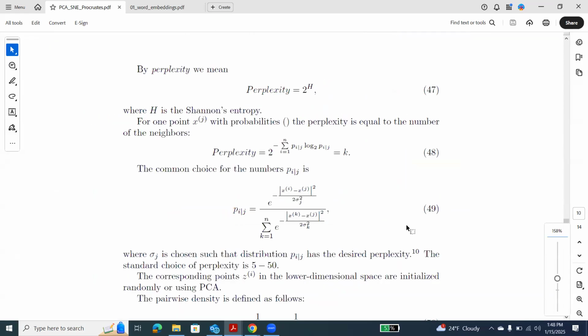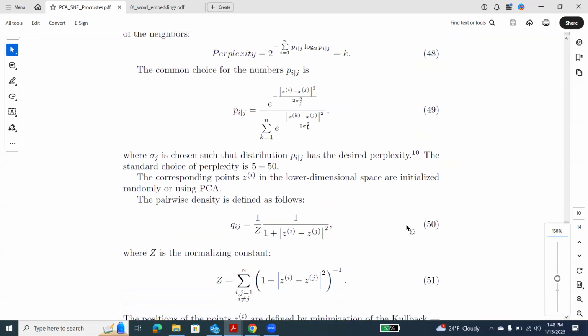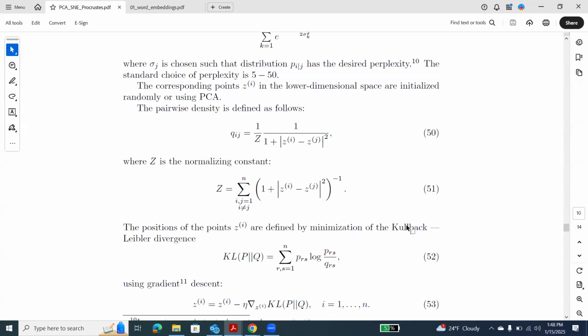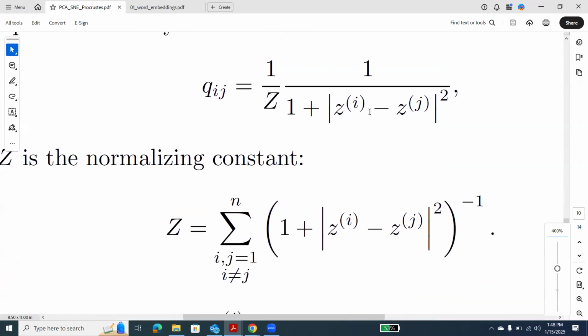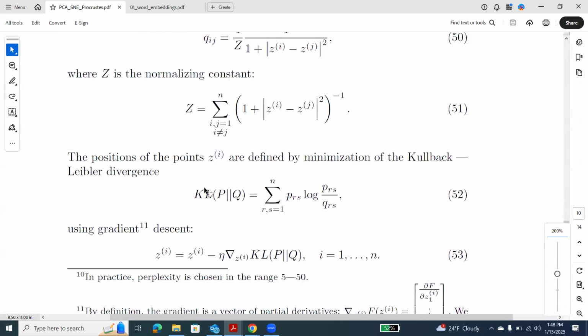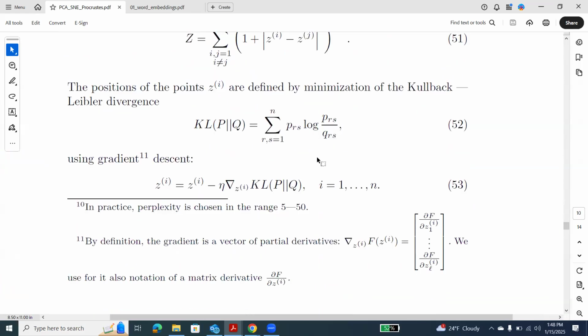After we introduce the probability of one point being a neighbor of another point, we introduce another probability on the two-dimensional distribution. And then we minimize the Kullback-Leibler divergence, and that's it.